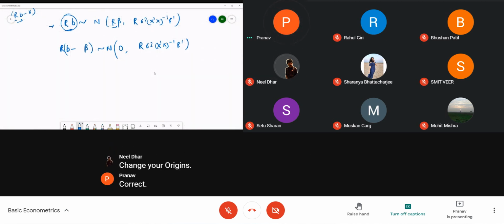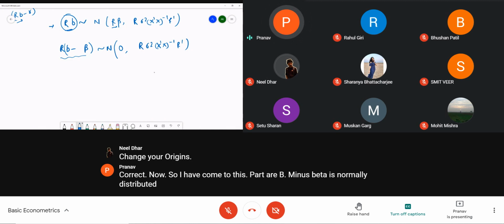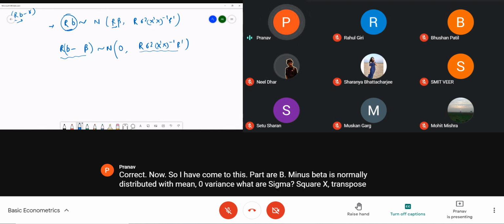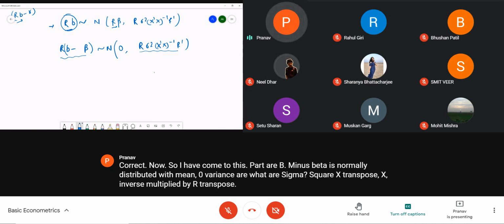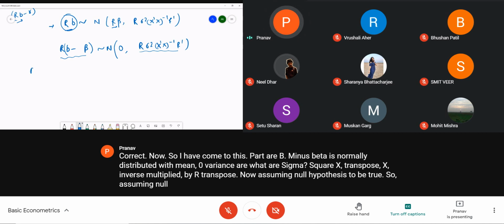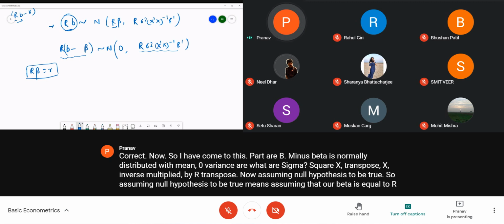Now, I have come to this part. Rb minus R beta is normally distributed with mean 0 and variance R sigma square X transpose X inverse multiplied by R transpose. Now, assuming the null hypothesis to be true means assuming that R beta is equal to r is true.